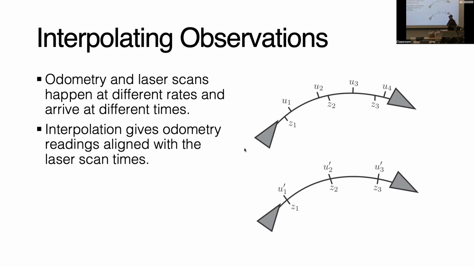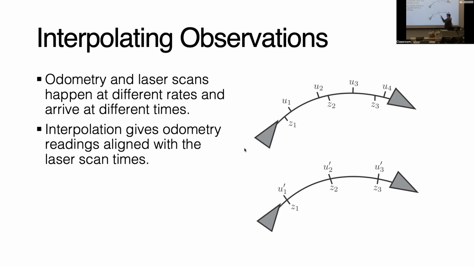You might even have a situation where the robot is driving along in a straight line, and the scan starts at one pose, swings around, and ends at a new pose. So what we need to do is align all of our poses with all of our laser rays, so we actually know where each laser ray began in space.